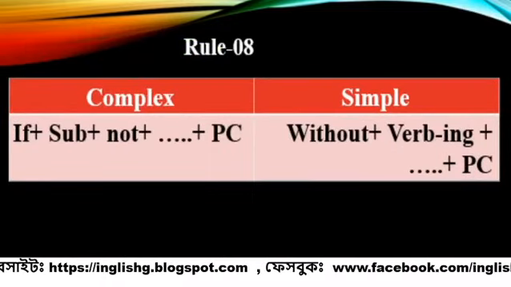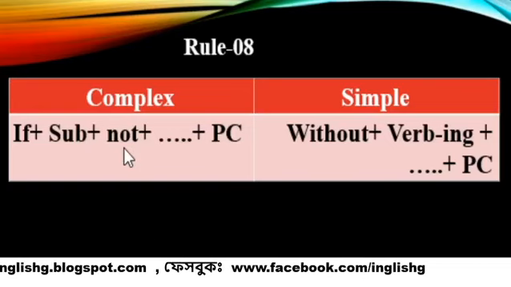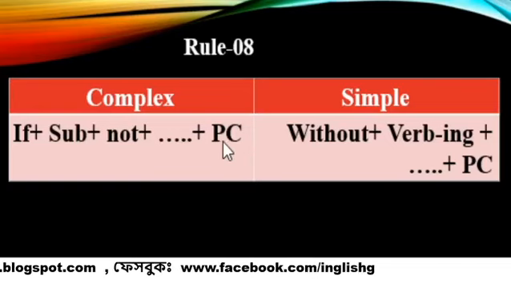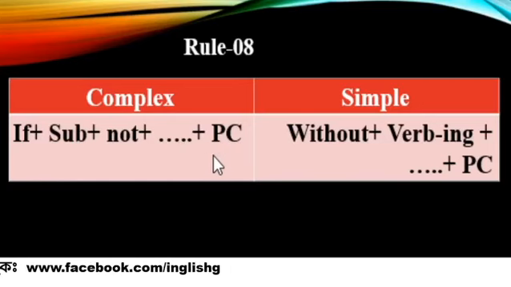If "if" plus subject plus negative plus the rest plus the principal clause is used in a complex sentence, then in a simple sentence, at first we have to use "without" plus verb-ing plus the rest of the sentence plus the principal clause.